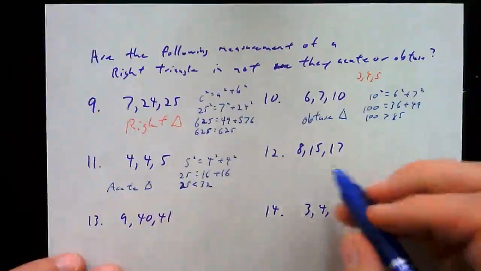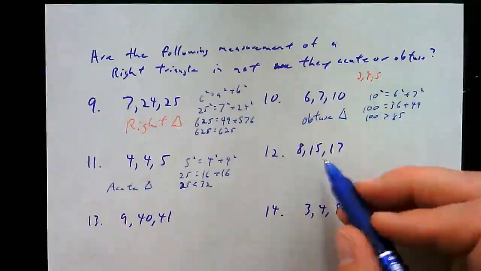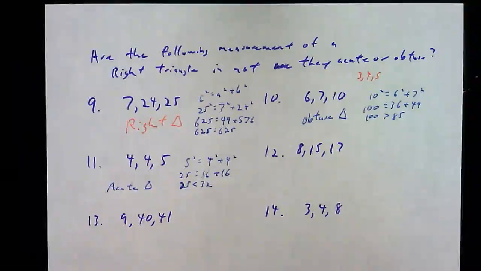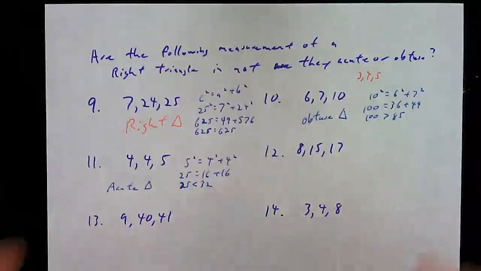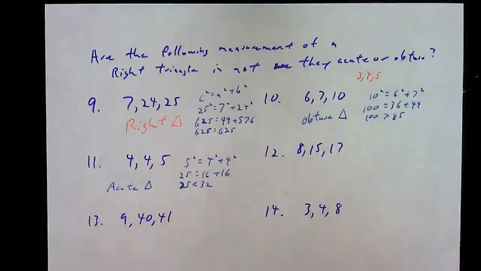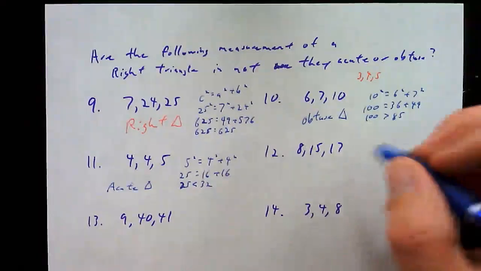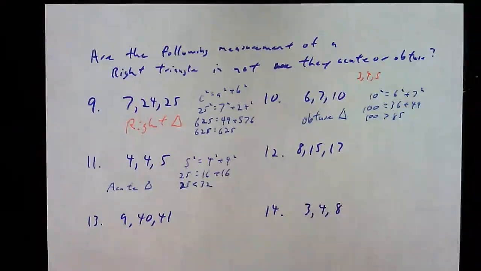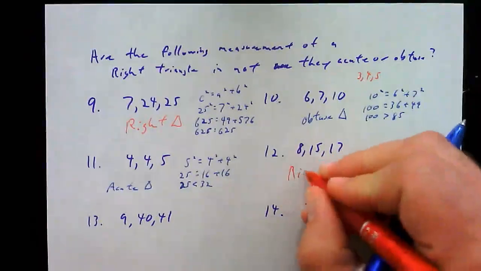Number 12. Again, this is another one of those Pythagorean triples. It's not one I showed you in class, so you probably wouldn't recognize it. But if you look at the list, there it is right there in the top corner. So this is a Pythagorean triple, so we know it is definitely a right triangle.